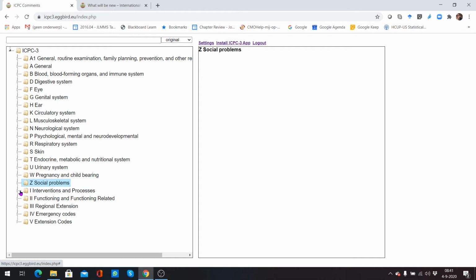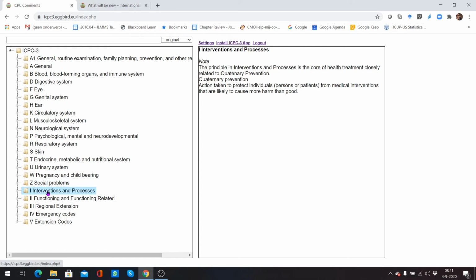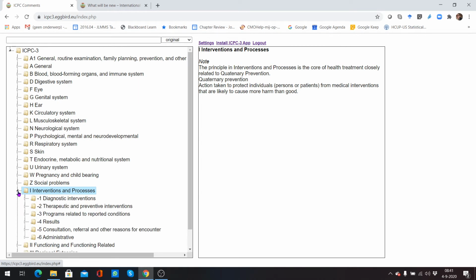In the chapter with the Roman 1, intervention processes are the classes that describe the actions of the provider, the interventions. By clicking on the triangle again, the chapter opens with the different components.